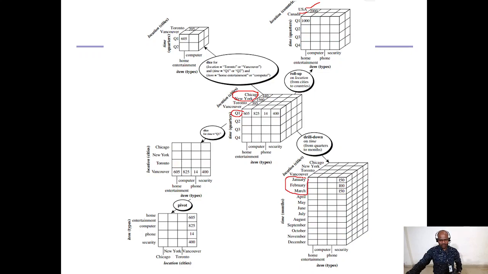Like that, quarter 2 data is divided into April, May, June data, and quarter 3 becomes July, August, September. Like that, we are going for lower level hierarchies.